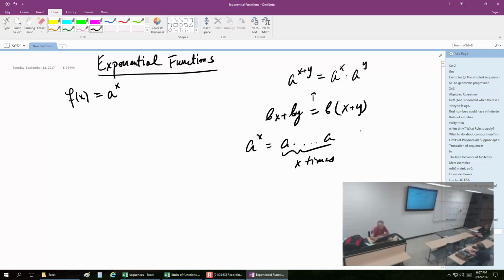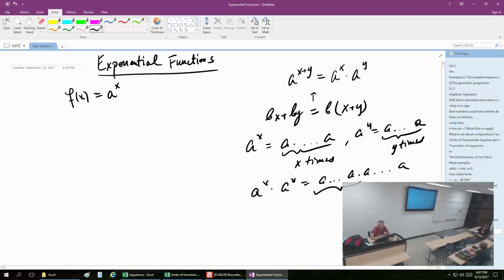And then a to the y, a by itself y times. Okay, so if you have a to the x times a to the y, you have a bunch of a's repeated, first x times and then y times, and altogether it's x plus y times. Okay, so that's where the rules come from.